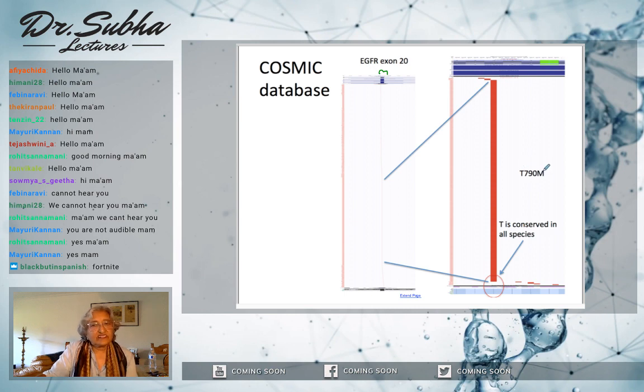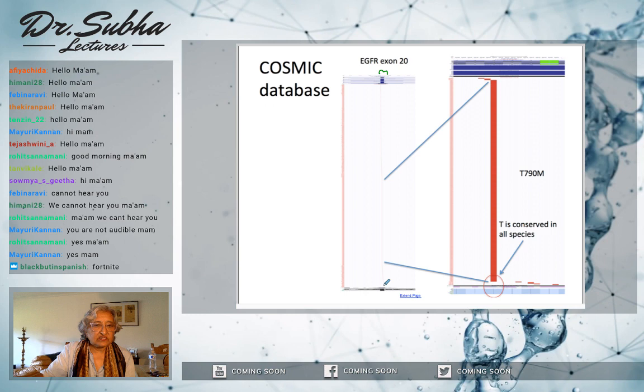Why is it deleterious? You can go and see whether the threonine is really conserved. I've circled it here. You can go to Google and search for T790 EGFR mutation, and you will get the coordinates in HG19. That's what I did, and when I type in that coordinate, I get this region, this entire exon 20.